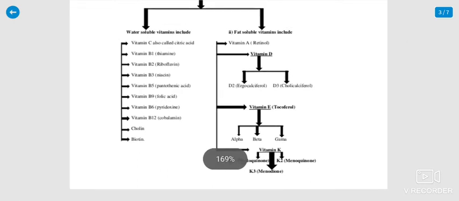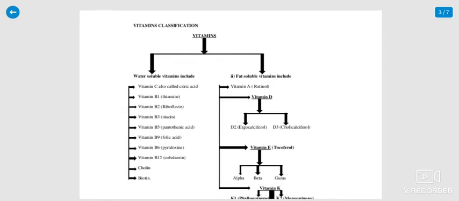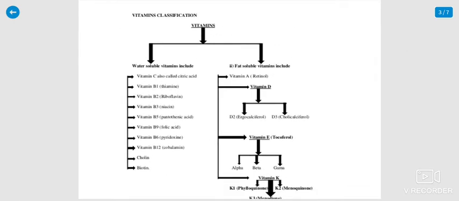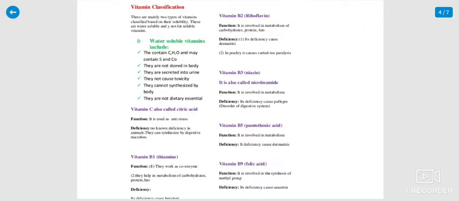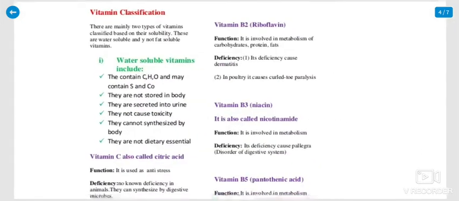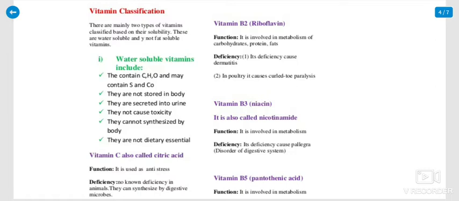So I have clearly explained which vitamins are present in the water soluble vitamins as well as the fat soluble vitamins, and what the actual compounds are in this vitamin explanation.